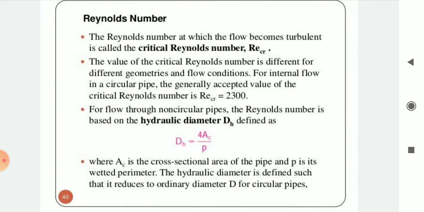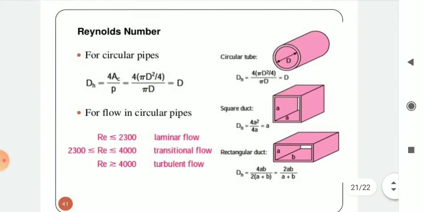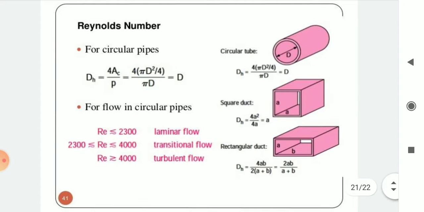The hydraulic diameter is defined such that it reduces to the ordinary diameter D for circular pipes. So for circular pipes, DH is equal to 4 AC divided by P, which is equal to 4 into pi D squared divided by 4, divided by pi D, which is equal to D.